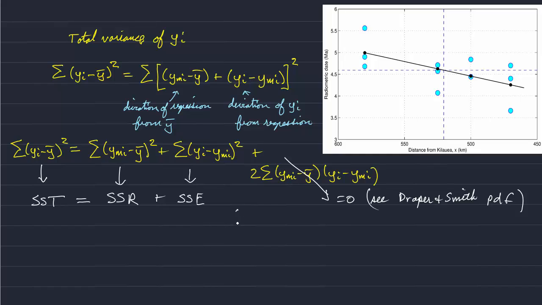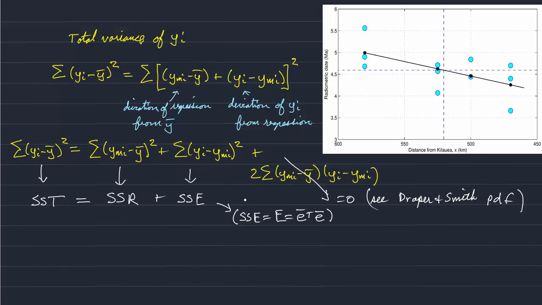And just to remind you, our sum of square errors is the same thing as what we called big E, which was our error vector transposed times itself. So these are the same thing.